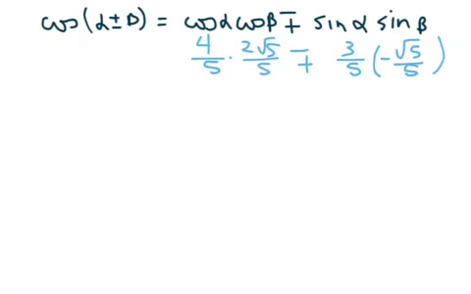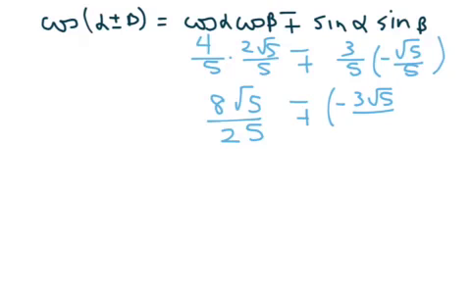Alright, so when we multiply this out, we're going to get 8 root 5 over 25 minus plus negative 3 root 5 over 25. And in this case, we're going to do cosine of alpha plus beta.